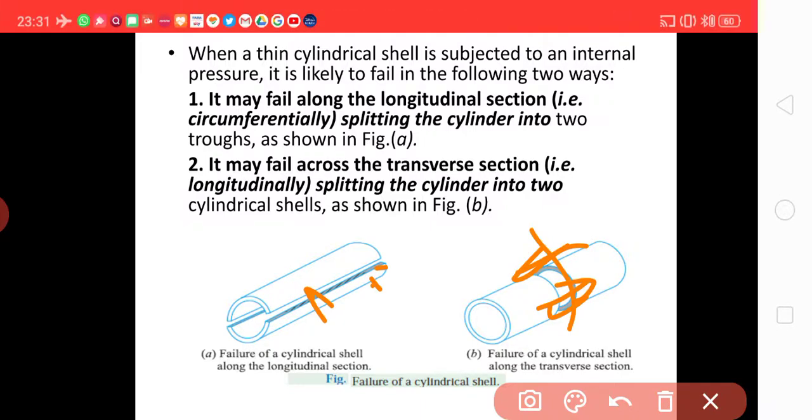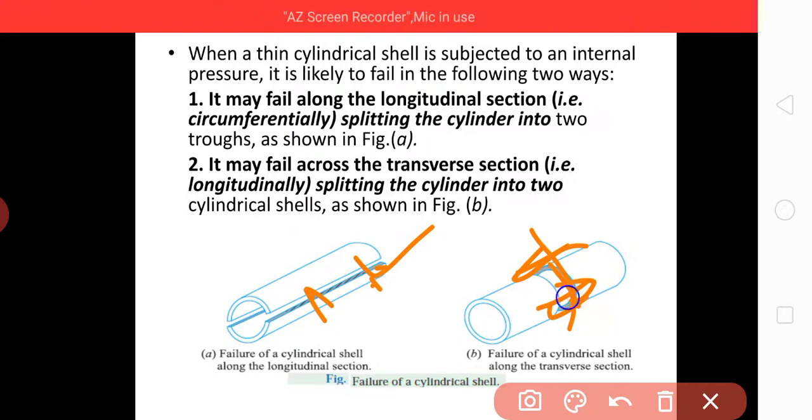So it may fail along the longitudinal section, that is, splitting the cylinder into two troughs as shown in the figure here, or it may fail across the transverse section here, splitting the cylinder into two cylindrical shells as shown here.